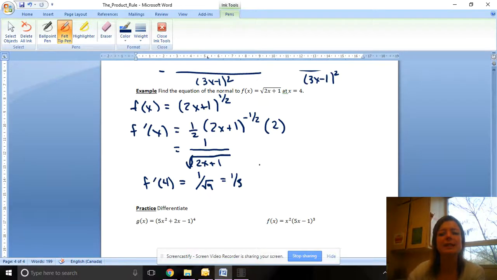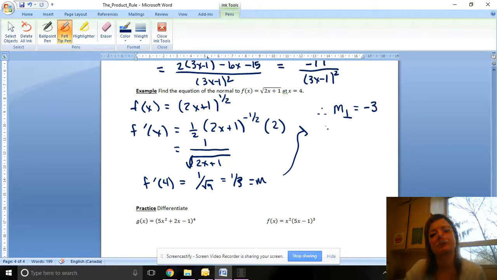So this is the slope of the tangent. That's a 3, if you can't tell. This is the slope of the tangent at 4. So let's go up here. Therefore, the slope of the perpendicular line will be -3, right? The negative reciprocal.